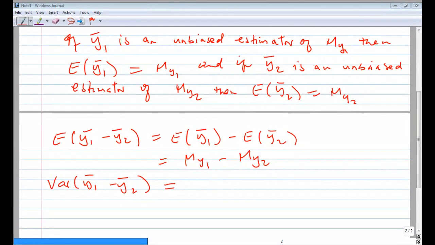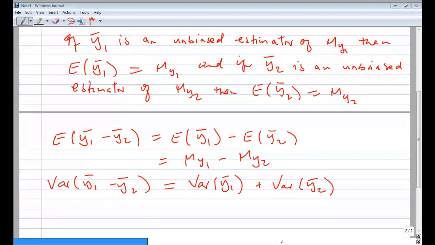The var of y bar 1 plus the var of y bar 2. Is that correct?